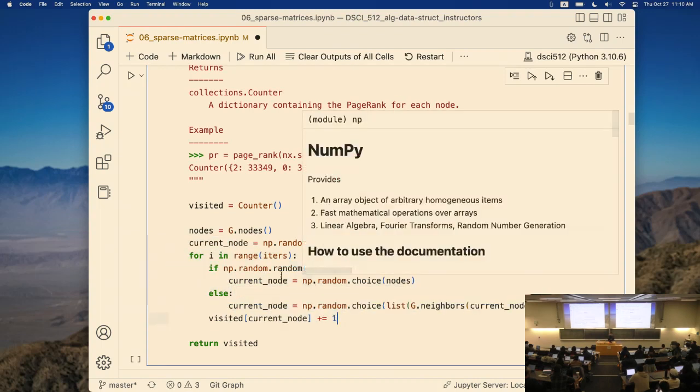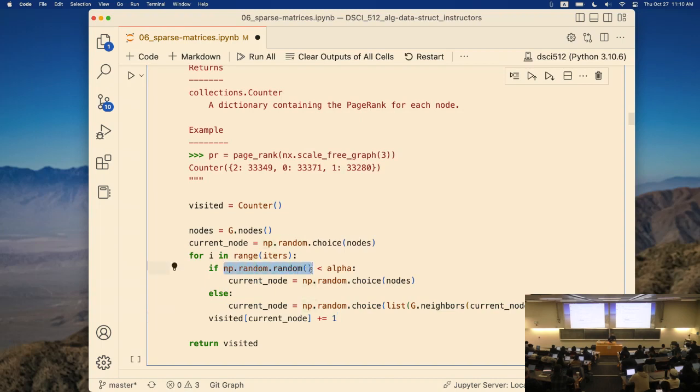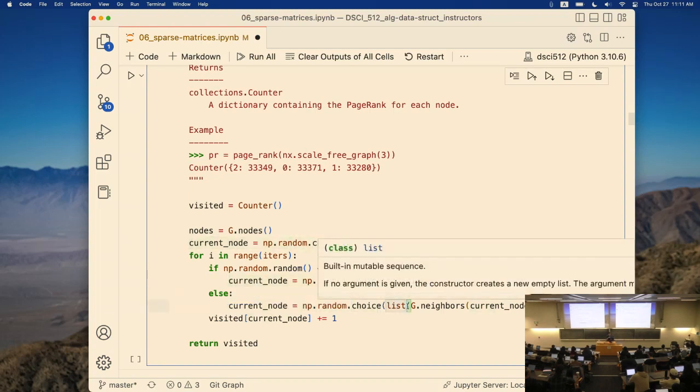What we do is generate a random number between 0 and 1. If alpha is greater than that number, it means that the user is clicking on a link in that page. Otherwise, if it's smaller than alpha, it means that the user is choosing a completely random node on the graph, a completely random web page on the internet. However, if it's greater than alpha, then the person is clicking on a link in that web page.